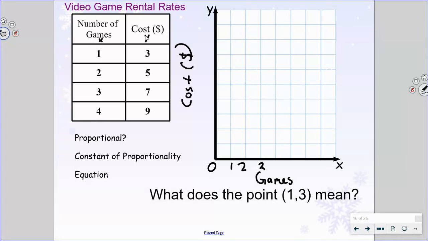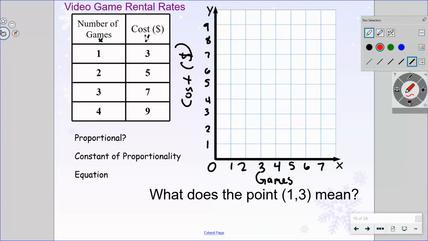All right, let's stick to it. Meanwhile, the cost, I don't know, looks like going up by ones is good enough, so let's just go up by ones. Does it cover all of the numbers that are given? Yes, it does. And so we go ahead and we plot our points.